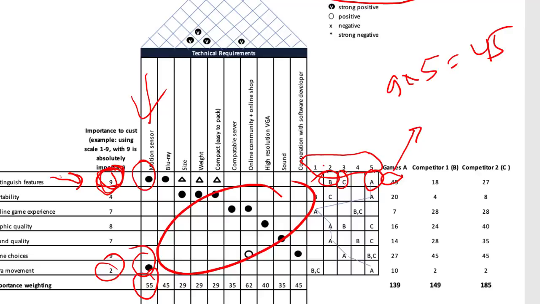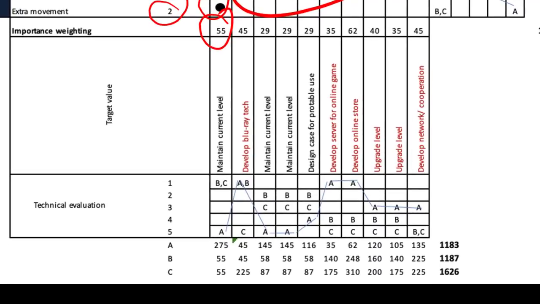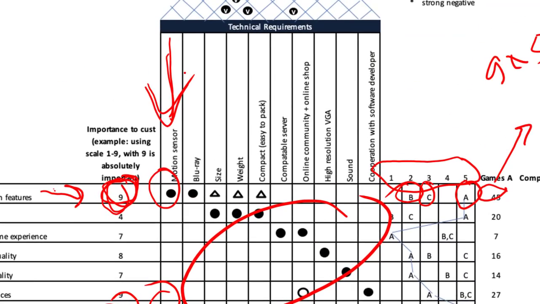Fourth step is creating the technical evaluation. By using score 1 to 5, with 5 as the highest score, we need to compare our product specifications to competitors. As an example, motion sensor.